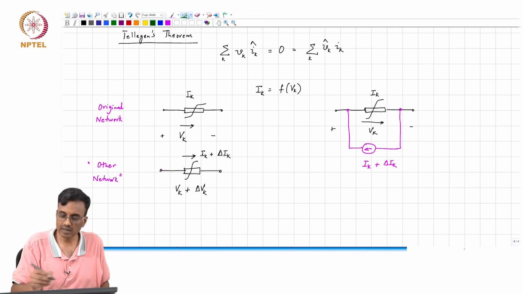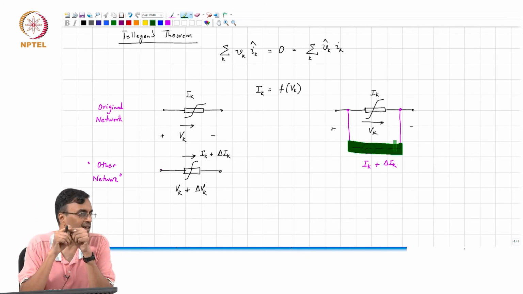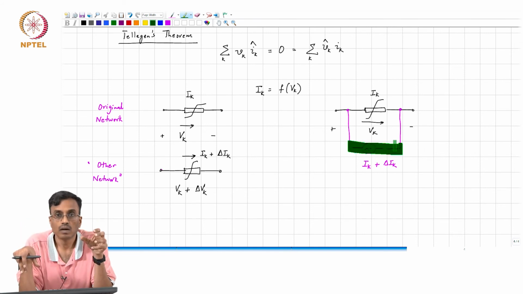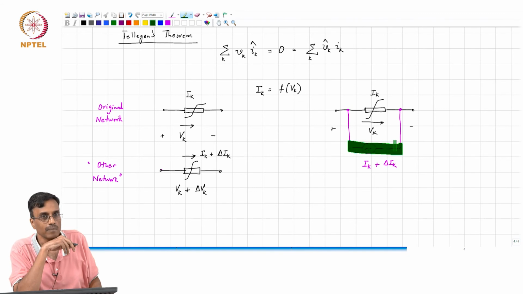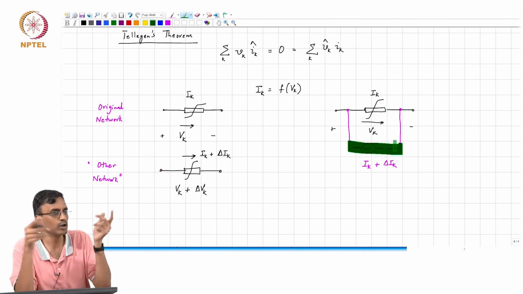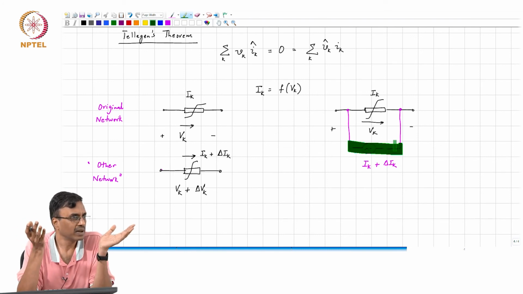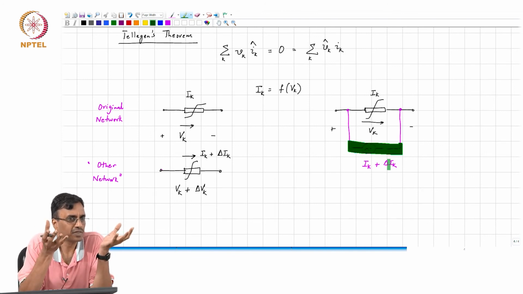By making this construction with the original network, what is the net current I have added at every node? In parallel with every branch I have added Ik plus delta Ik. So what is the net current I have added at every node in the network? It is 0. Does it make sense? Because all these Ik plus delta Iks must satisfy Kirchhoff's current law.